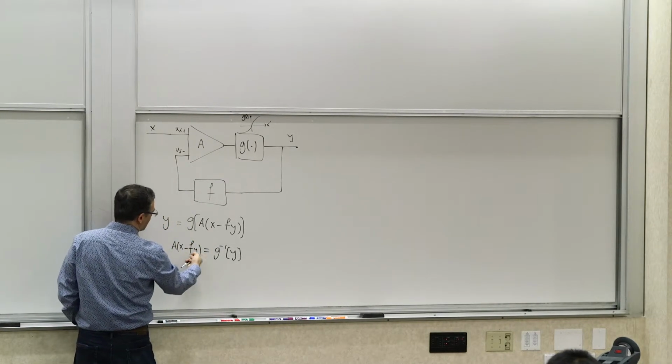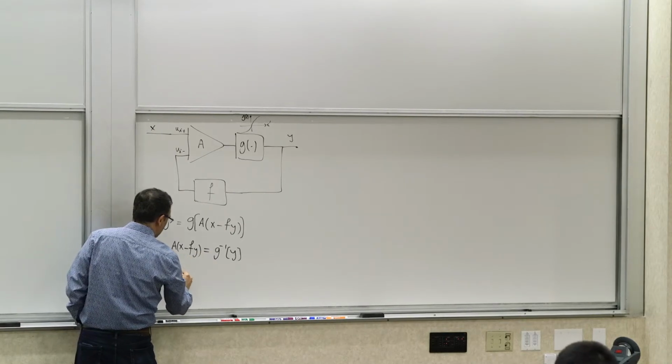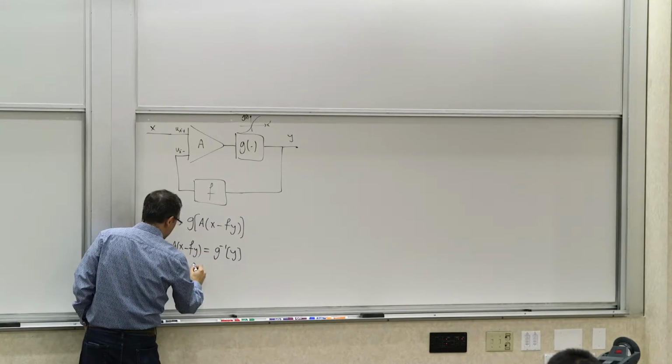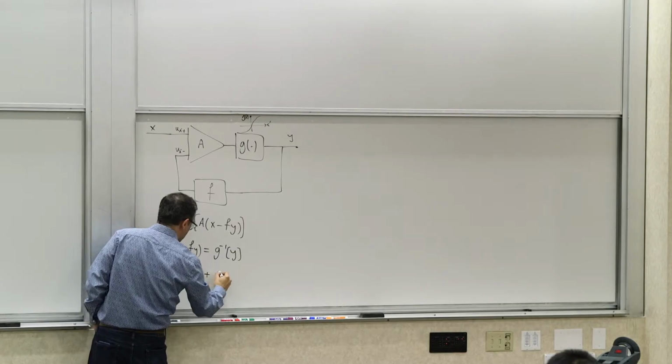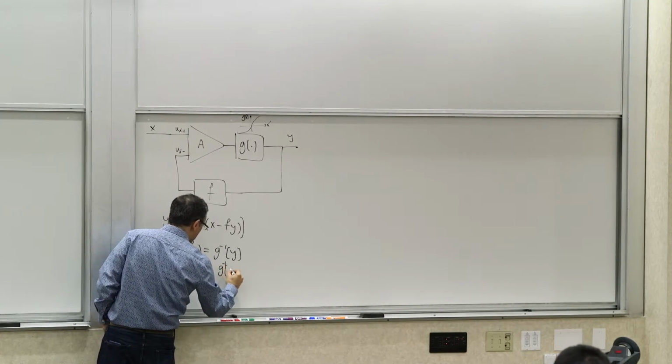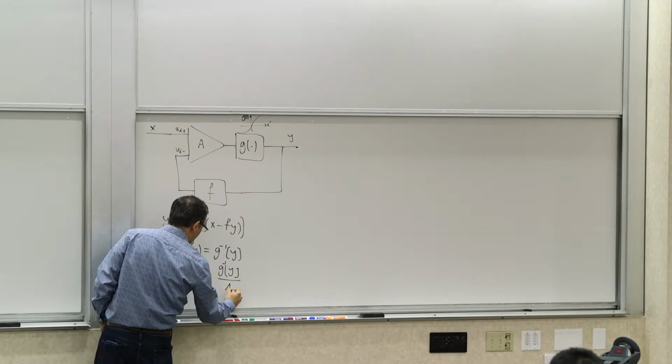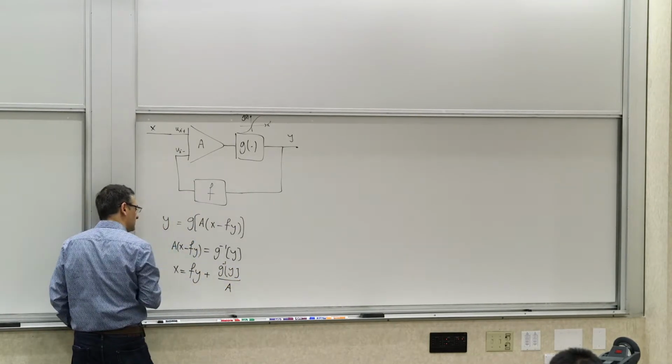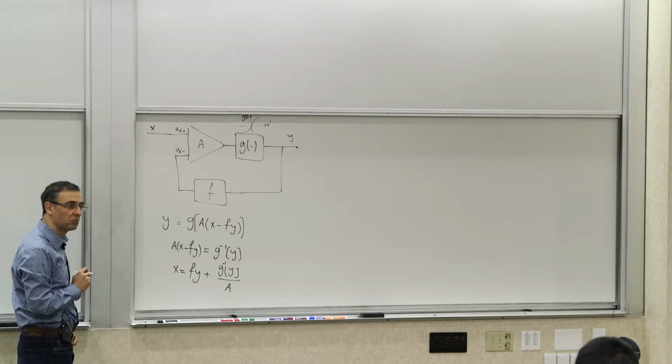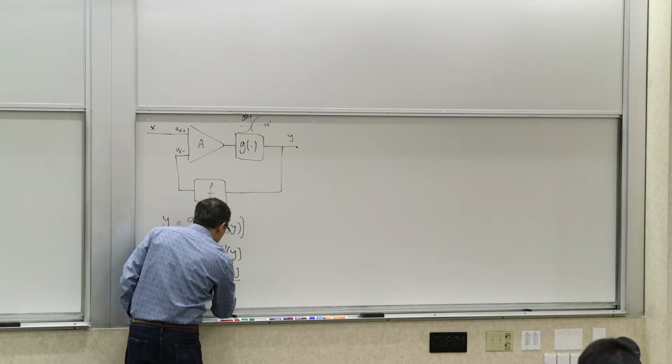And then now it's easy to solve for x. You can see that x is basically fy plus g minus 1 of y, g inverse of y, divided by A.